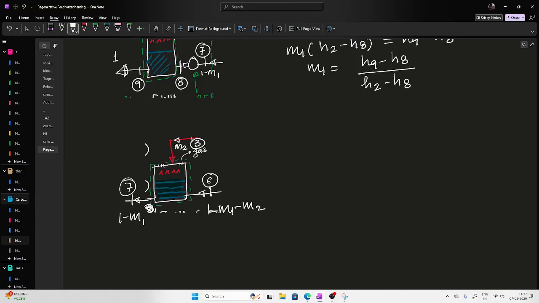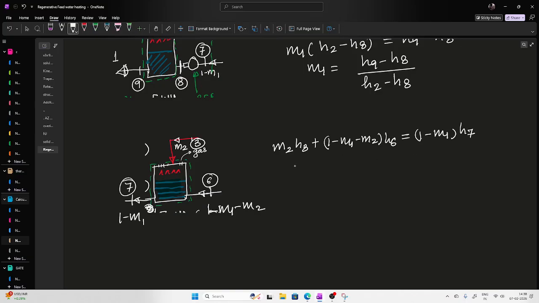So whatever is entering at 3 is m2 h3. What else? At 6 it is (1 minus m1 minus m2) h6, and that will be equal to (1 minus m1) h7, which is exiting at 7.